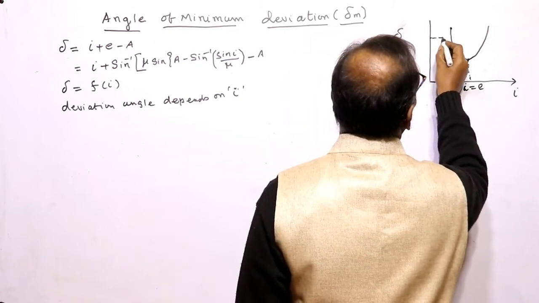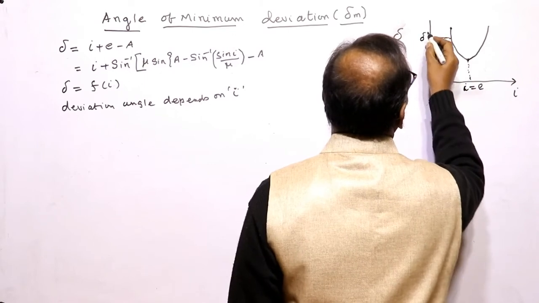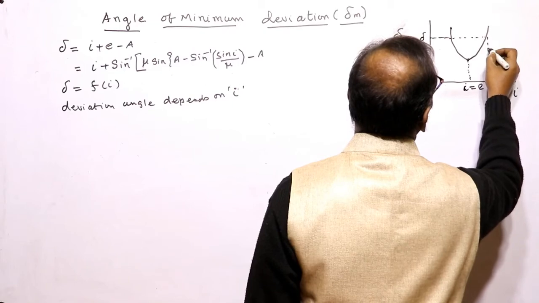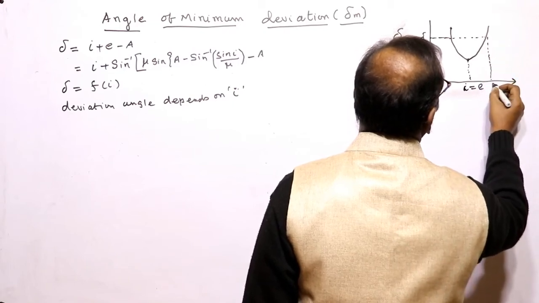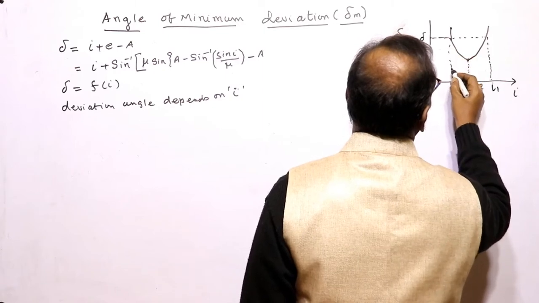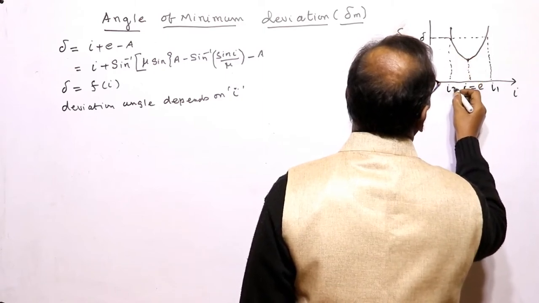For a given value of angle of deviation, there will be two values, I1 and I2.